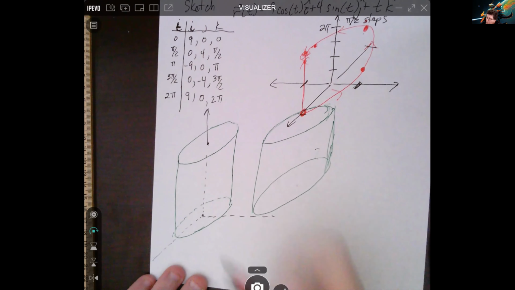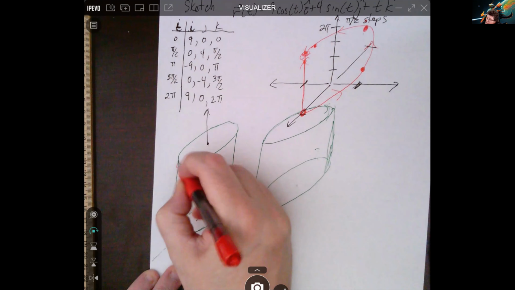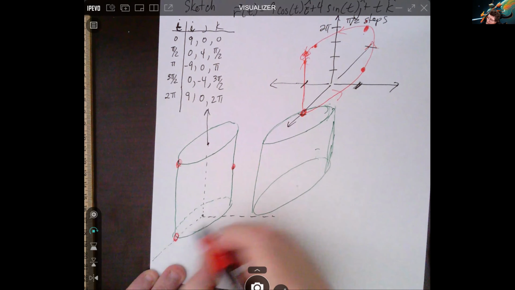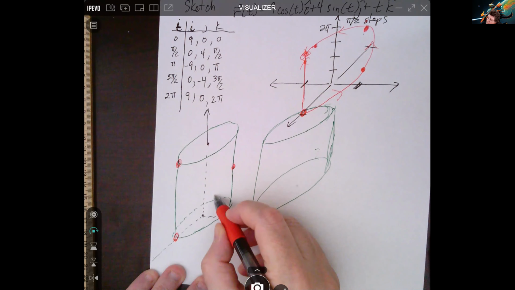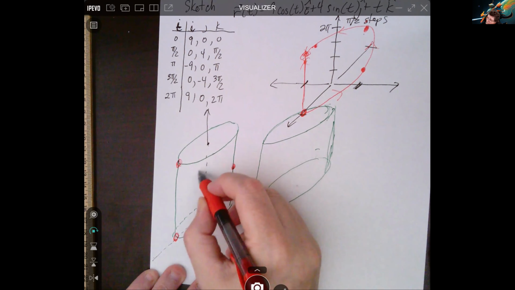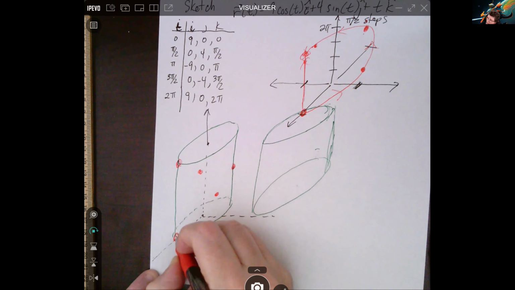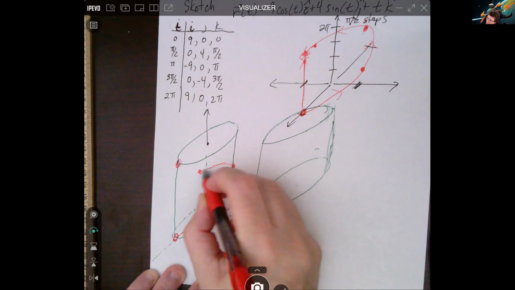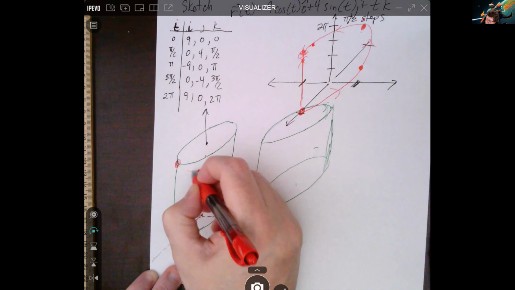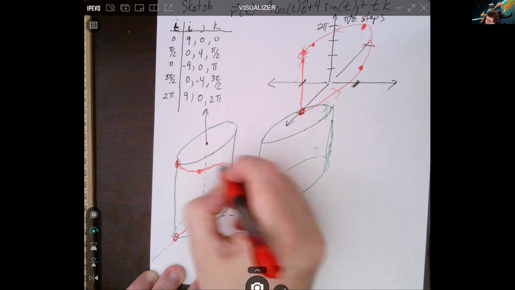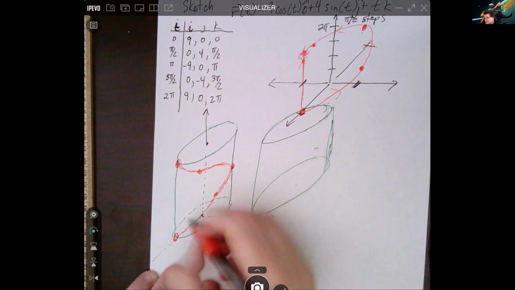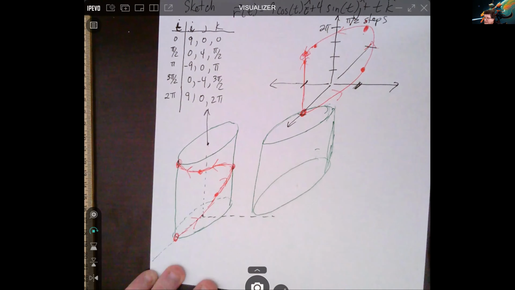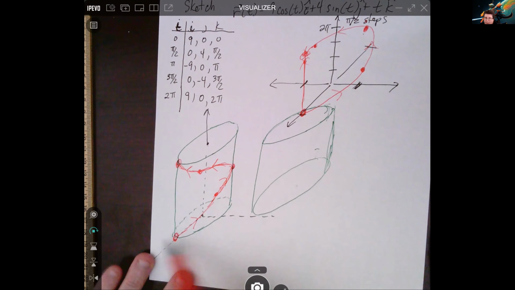Now maybe I can do the points a little bit easier. At least it shows a little bit better what's going on. It's going around this cylinder.